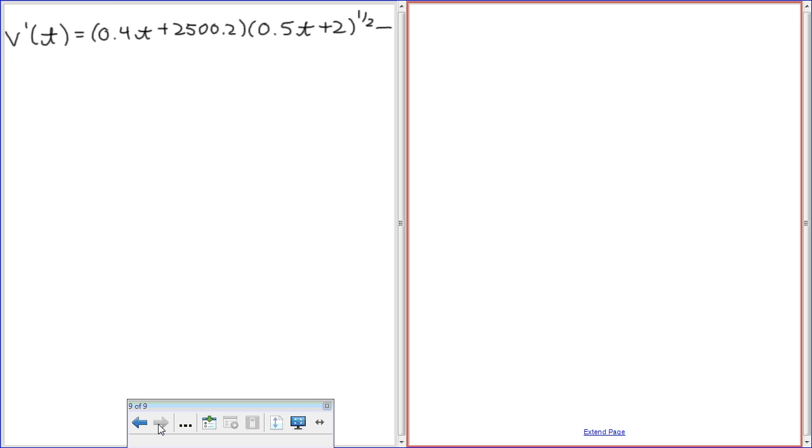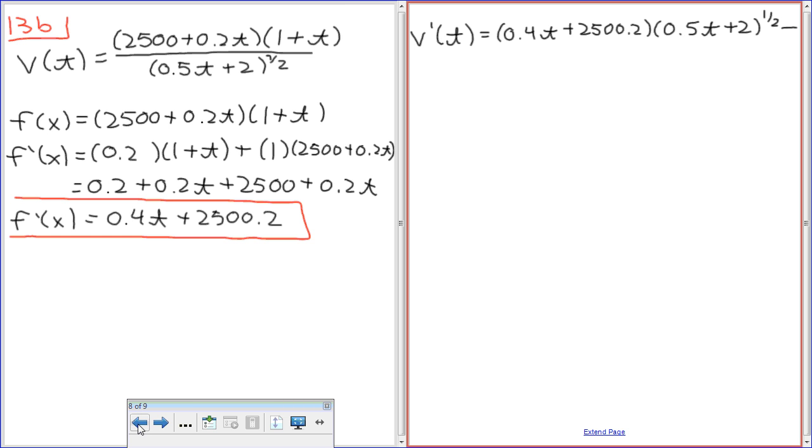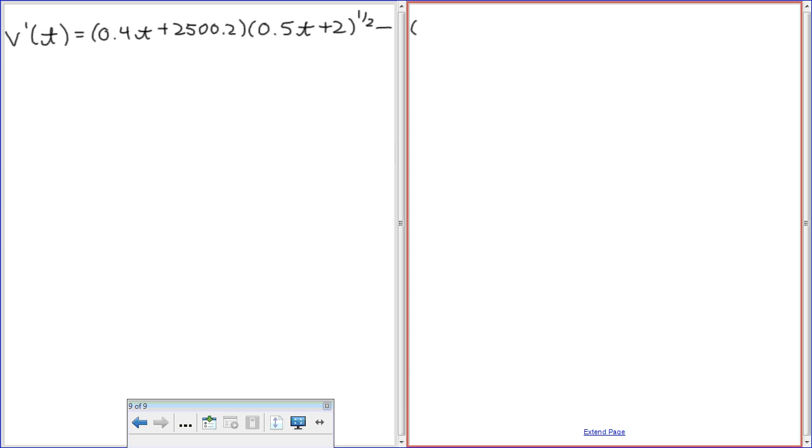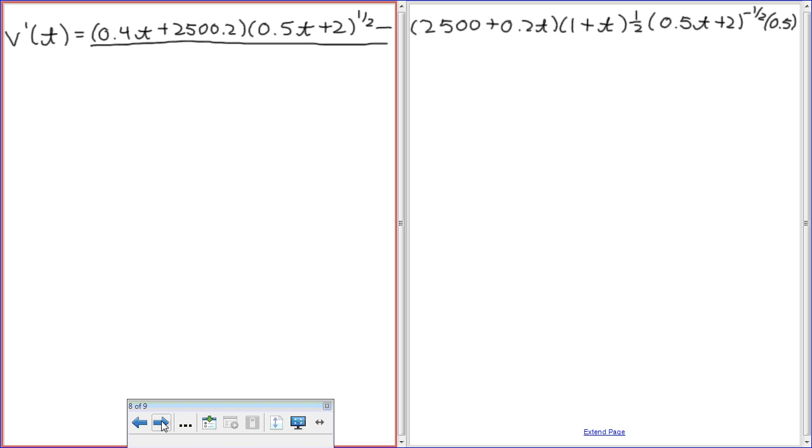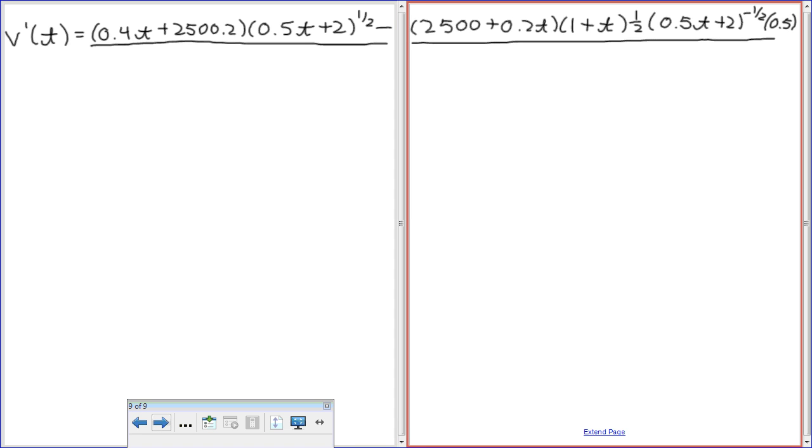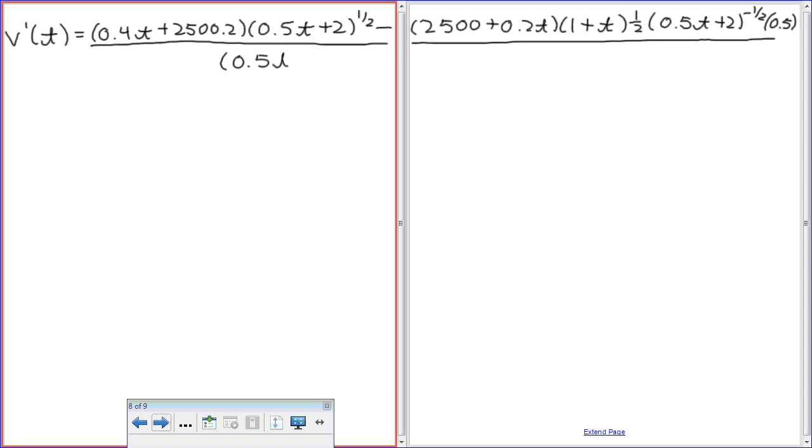Okay, minus the original equation, which is a mess. 2500 plus 0.2t times 1 plus t times 1/2, 0.5t plus 2 to the negative 1/2 times 0.5, all over... wow.